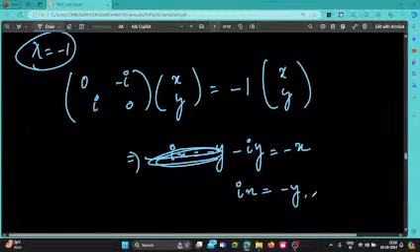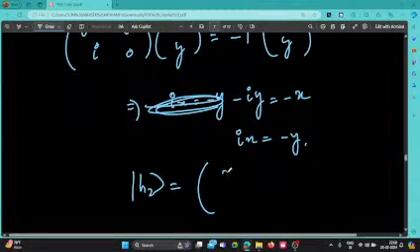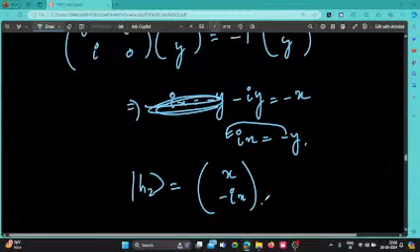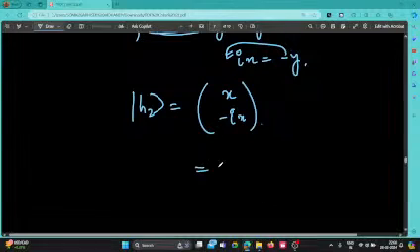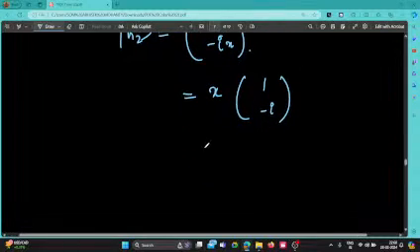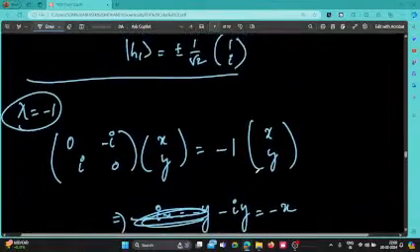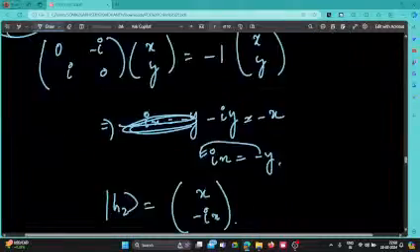The eigenvector h2 has first component x and second component minus ix, so (1, -i), with normalization factor again 1 by root 2. So h2 is 1 by root 2 times (1, -i). This is the first energy state, and this is the second one.